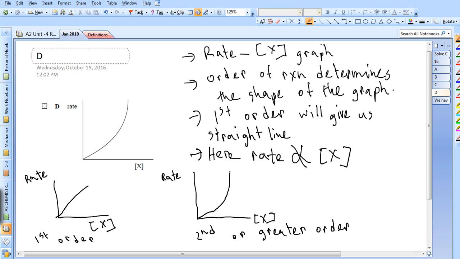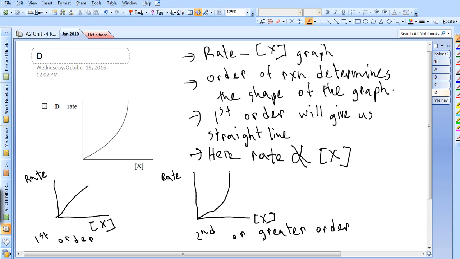For first order, the rate is directly proportional to X, as you can see by looking at the graph. So this is second or greater order.